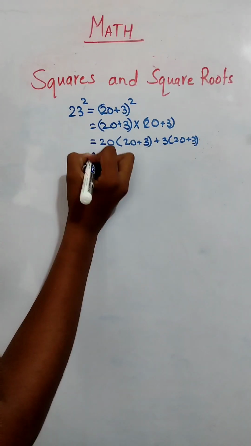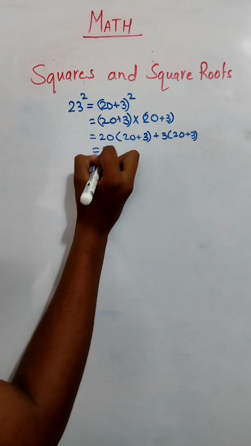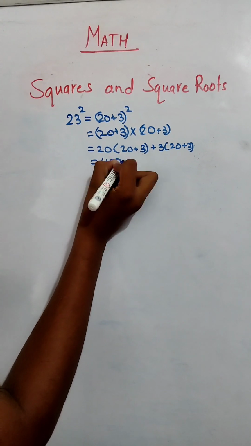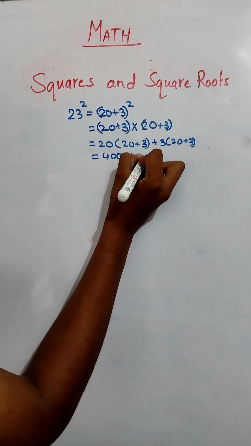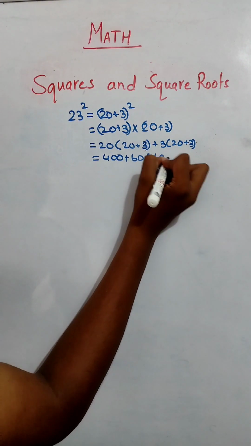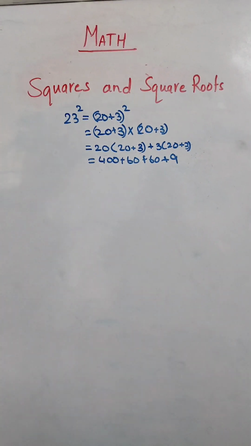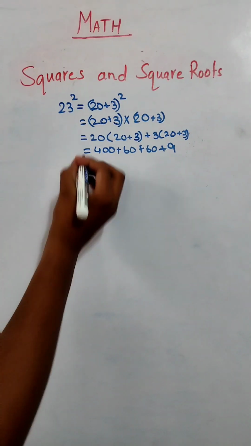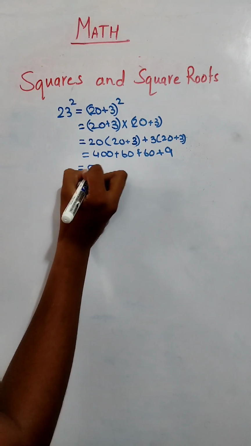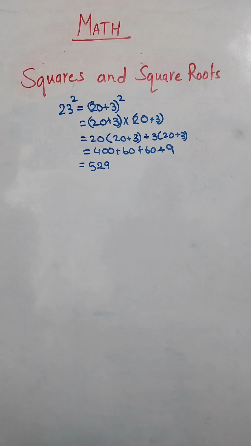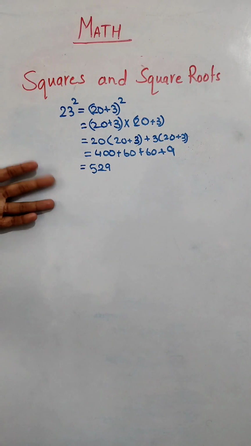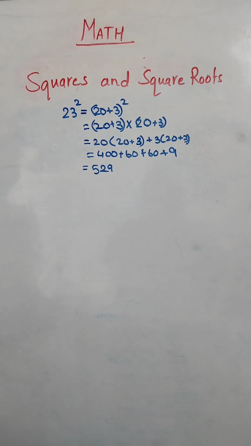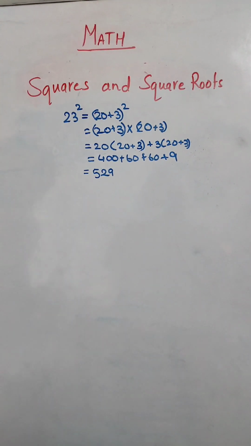So we can write this now as 20 times 20, which we know to be 400, plus 60 plus 60 plus 9. Now the addition of these will give you the answer of 23 square, which is 529. So now we can see that it's a lot simpler to solve in this method than using a larger or a more complicated method to solve this number.